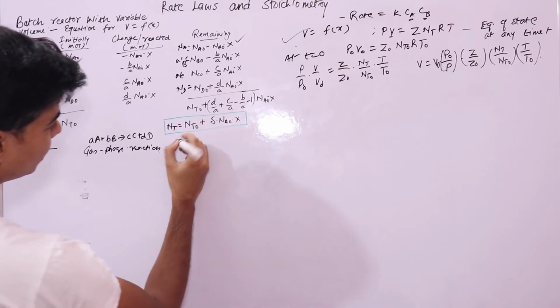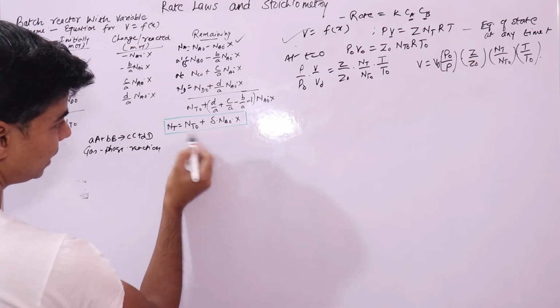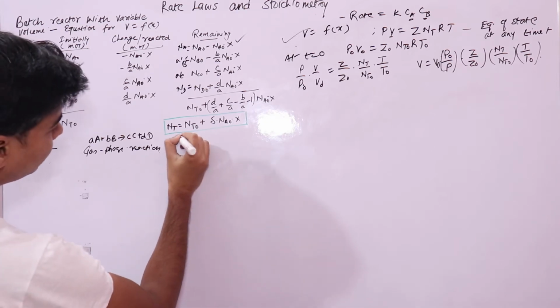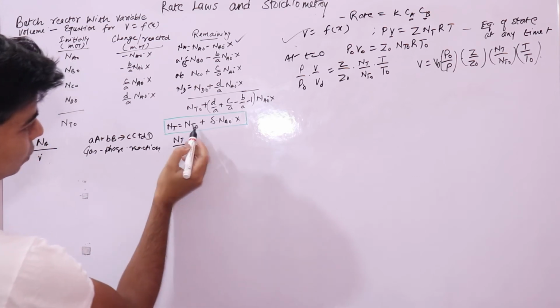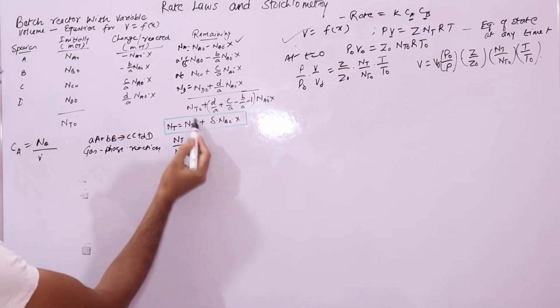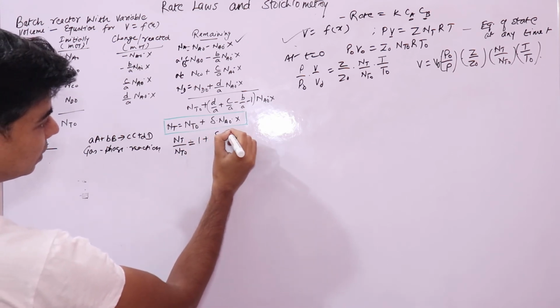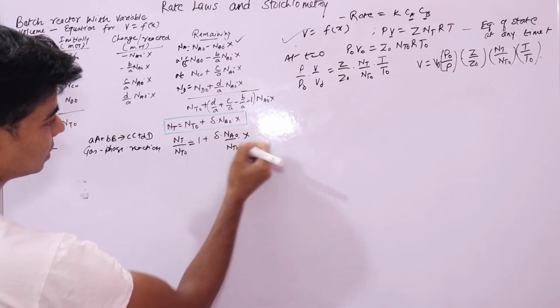From this relation, if you divide this entire equation by NT0, we get NT upon NT0 equals 1 plus delta NA0 upon NT0 times X, conversion.